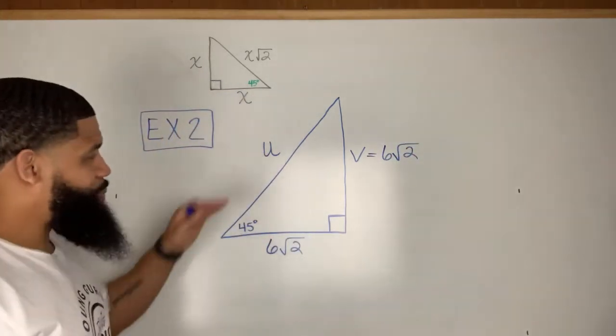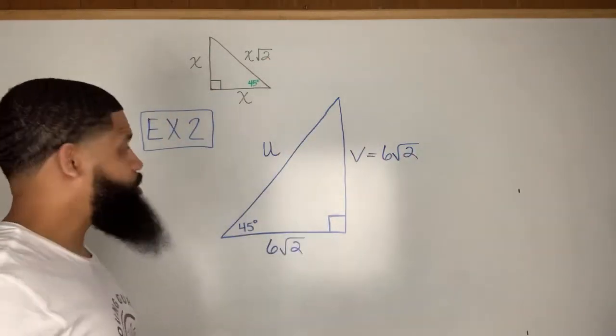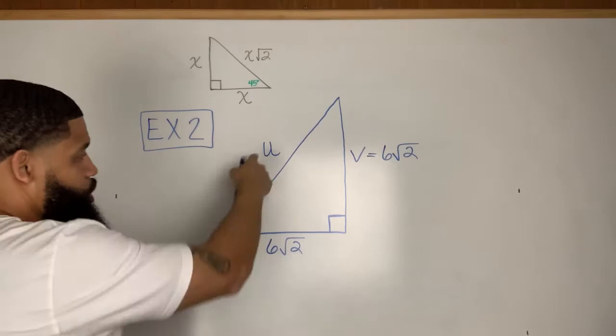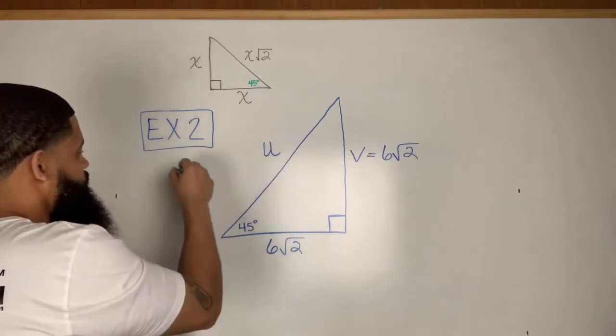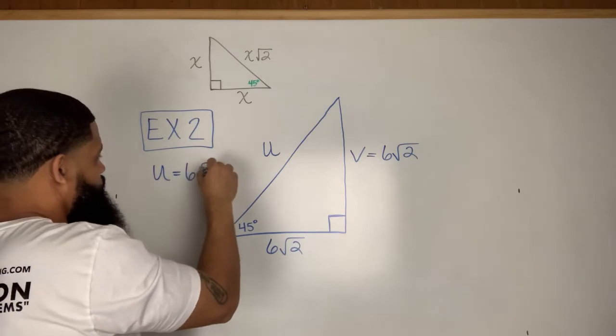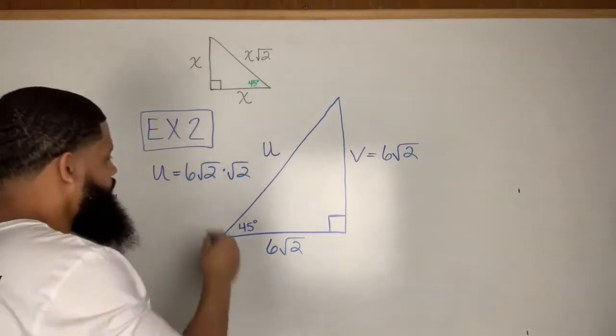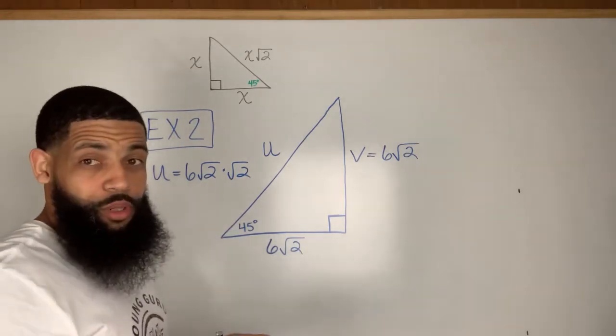In order to get the hypotenuse, we have to take the leg and multiply it by the square root of 2. So U equals 6 times the square root of 2 times the square root of 2 again. Now let's use our algebraic properties.